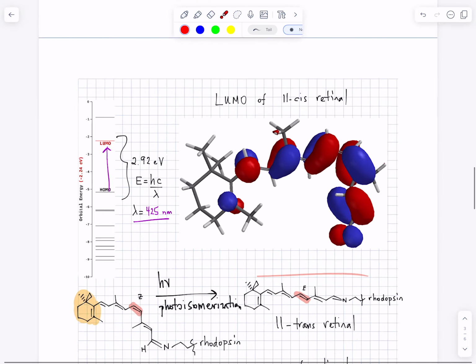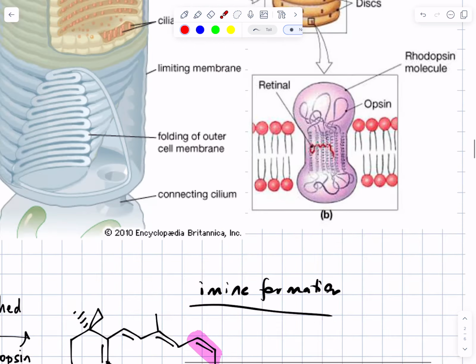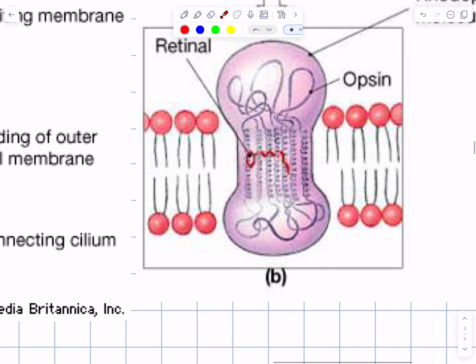If you zoom in on the protein, you can see the way they've drawn our retinal has a kink in the backbone chain of it. That's going to straighten out. The attachment point to the protein is here. That's going to cause this end of the retinal to swing upward. It's going to bump some stuff out of the way in the protein, and this is a membrane protein, and rearranging things will actually allow ions to flow through.